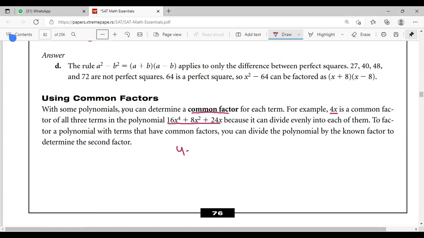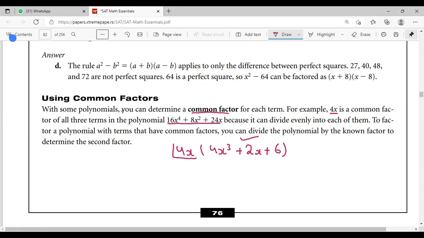So you can take 4x common, and in this case, we can easily write down the remaining things: 4x cubed plus 2x plus 6. But otherwise, when you know that 4x is the common factor, you can divide by this 4x to get this expression directly. This is what they are trying to say.